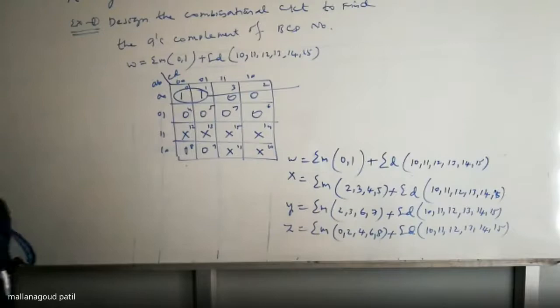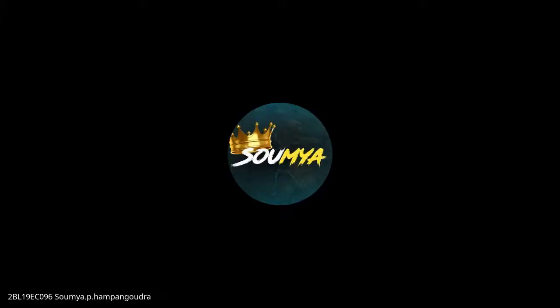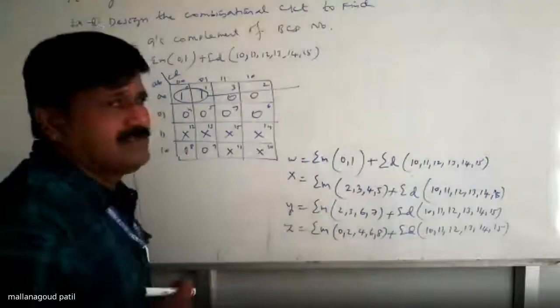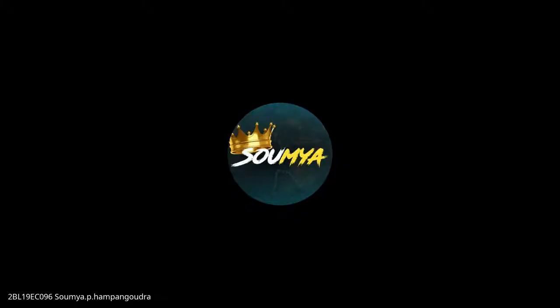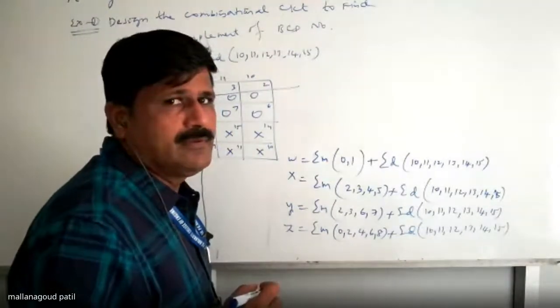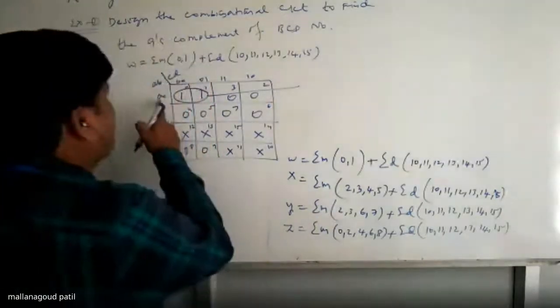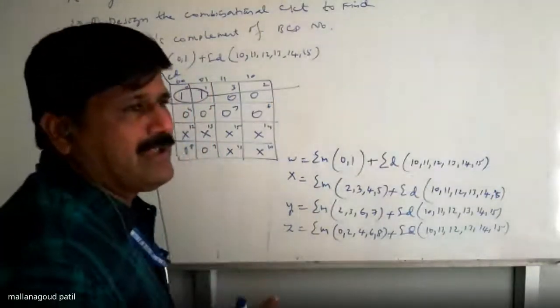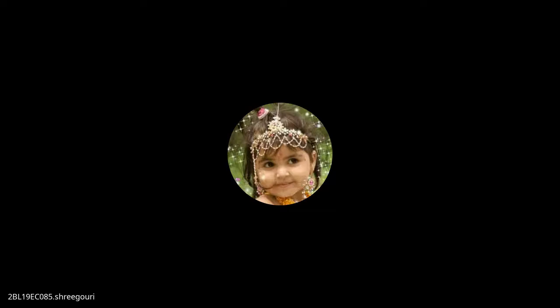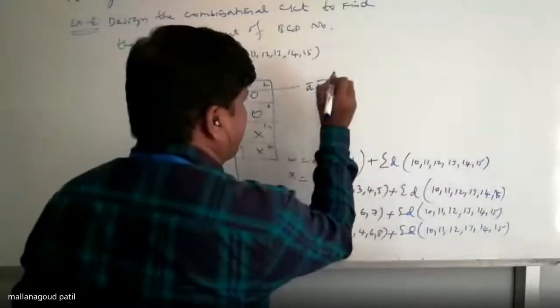How many rows are covered for your grouping? 1 row. What is the address AB? The value of the AB address: there is 0, 0, supposed to get 1, therefore I am writing A bar, B bar.